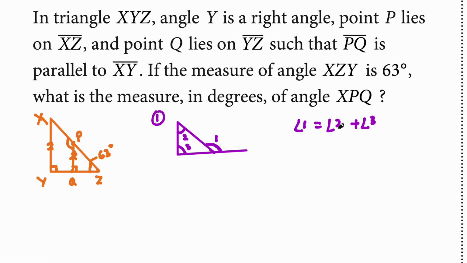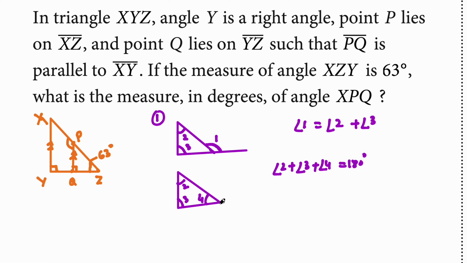Now this property is derived from the very simple angle sum property. Let's say this is my triangle. I'm not extending the line, right? And let's say this is angle 2 and this is angle 3 and this one is angle 4, right? So the angle sum property says angle 2 plus angle 3 plus angle 4 is equal to 180 degrees, right?